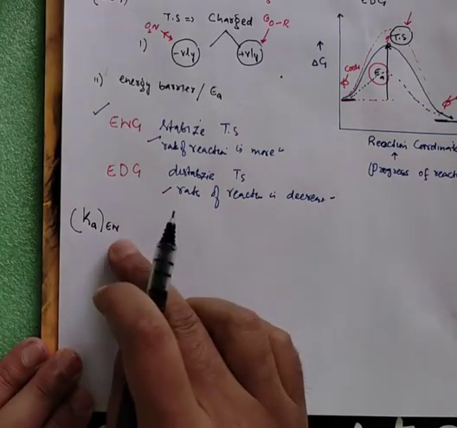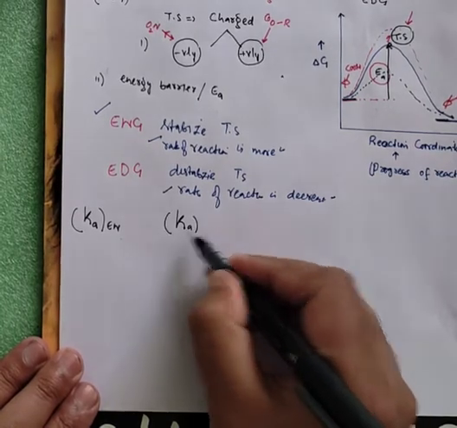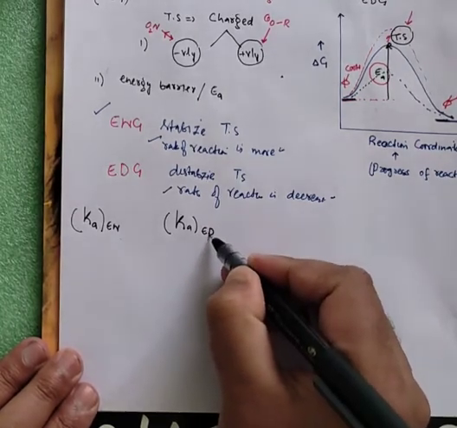Okay? So this is this, and for donating groups, the rate constant for electron donating groups.